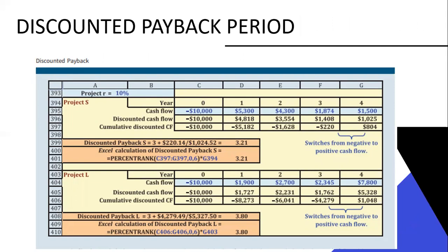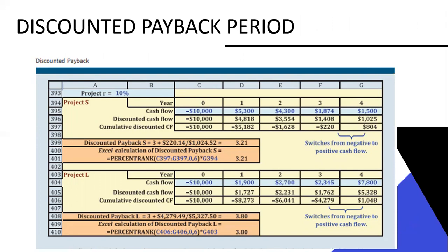So that is 9,700, but there's also going to be a certain amount recovered in the third year. You take the remaining balance and divide it by 1,874, and that would give you the payback if you're just using the normal payback period.